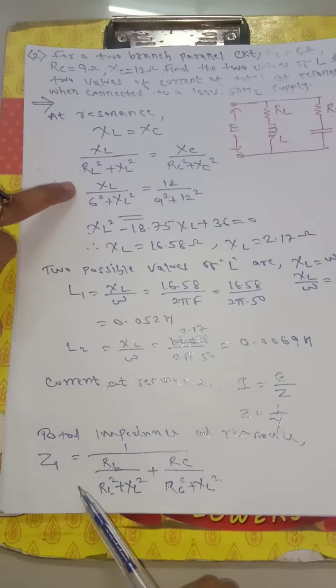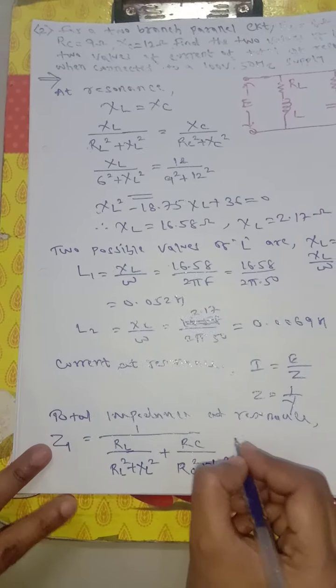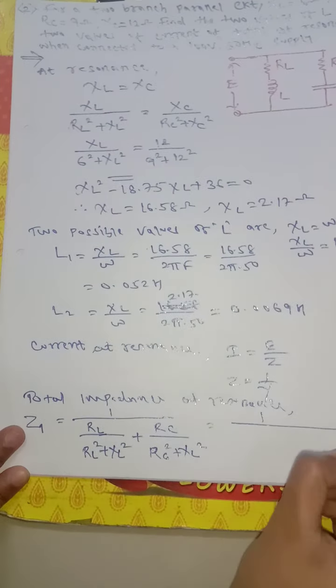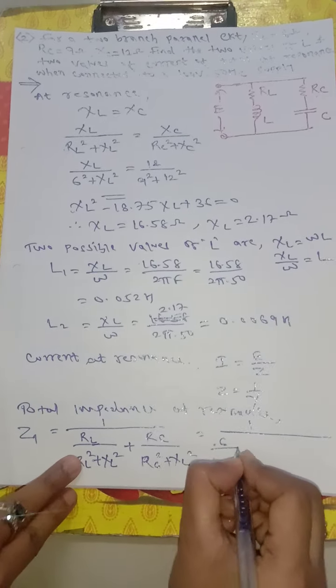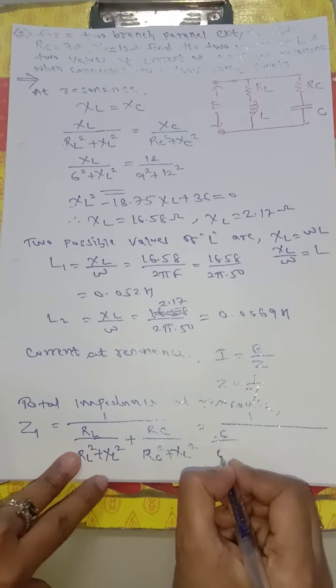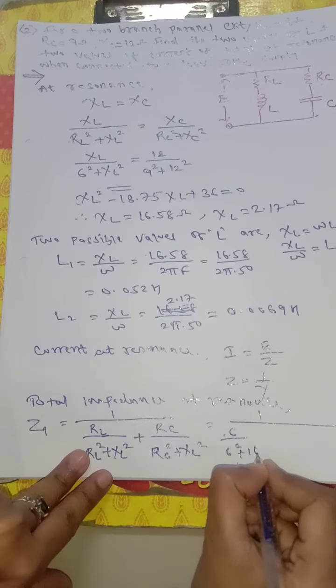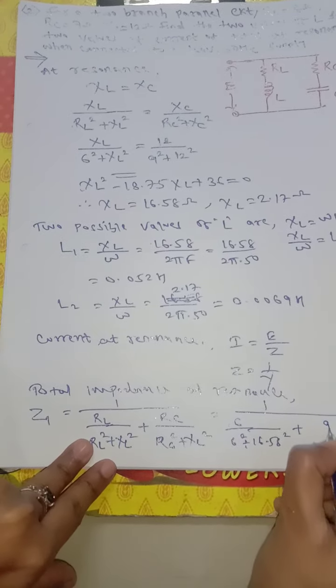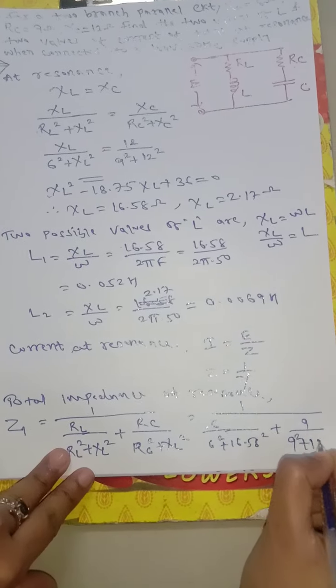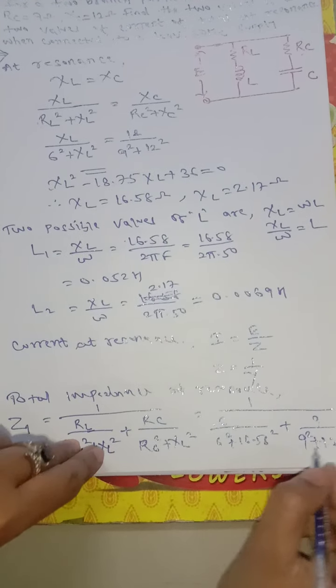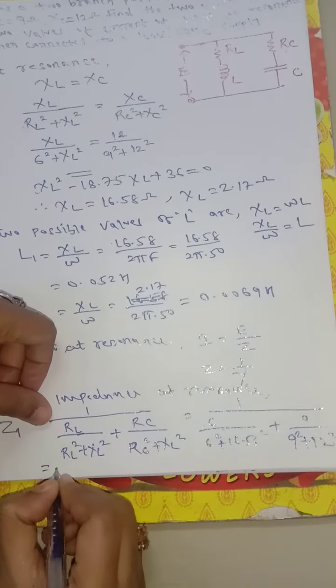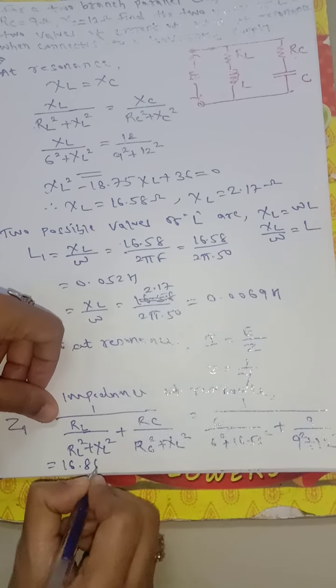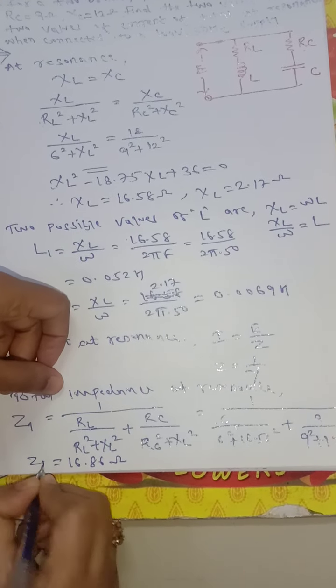In this way just substitute the value. 1 divided by 6 divided by 6 square plus 16.58 square, plus 9 divided by 9 square plus 12 square. So you will get Z1 is equals to 16.86 ohm.